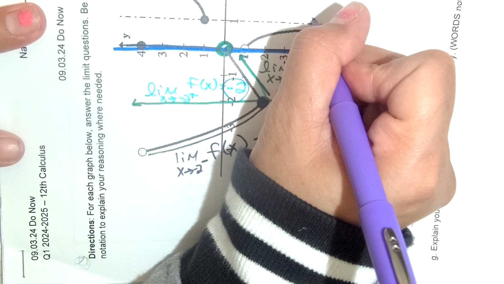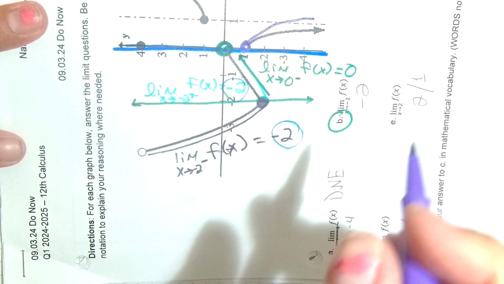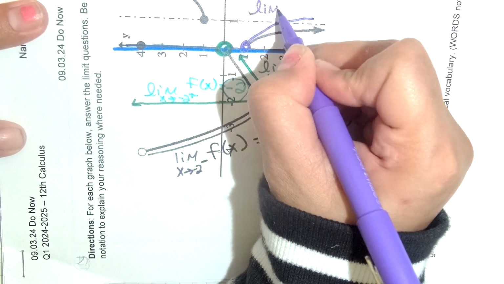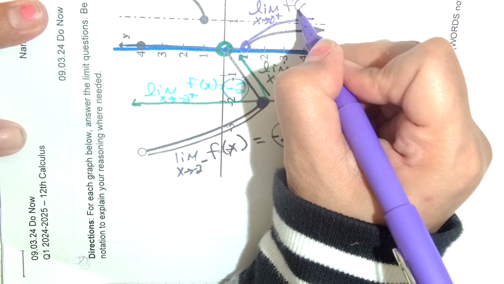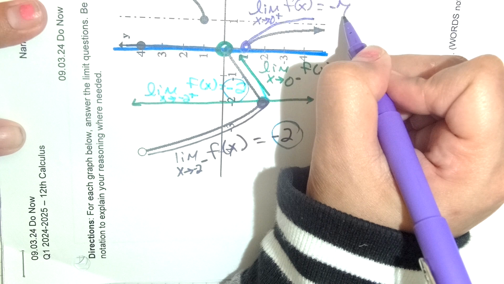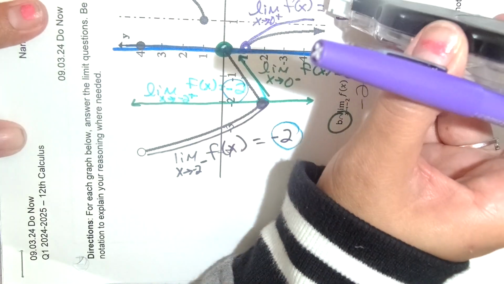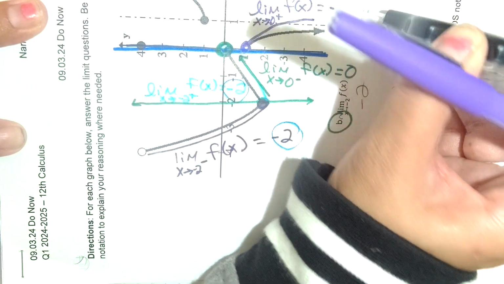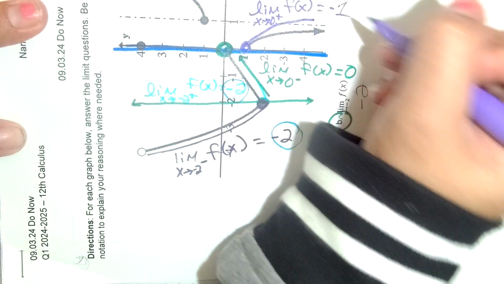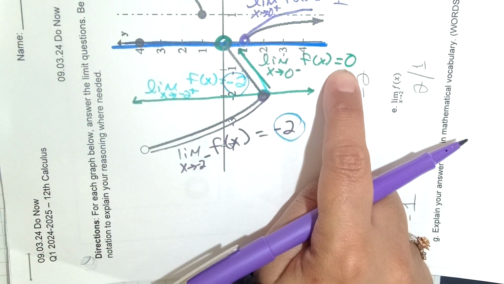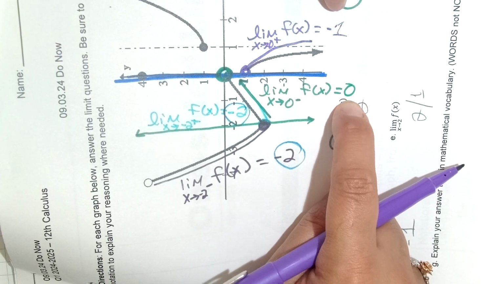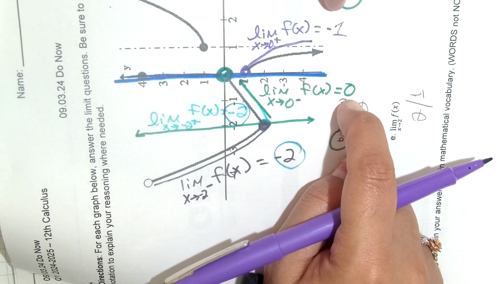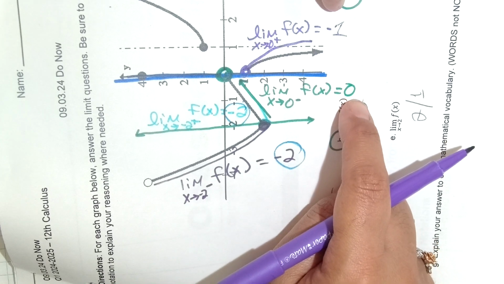When we do it from the right side, it gives me negative 1. The limit as x approaches 0 from the right of f of x is equal to negative 1. Are these two numbers the same? No. Negative 1 does not equal 0.